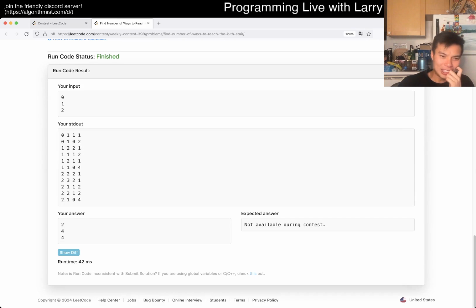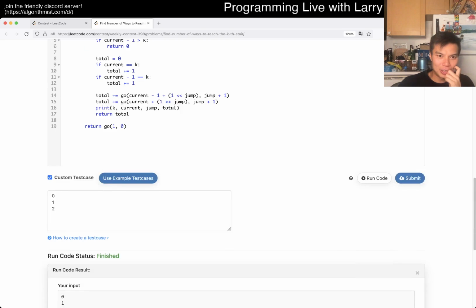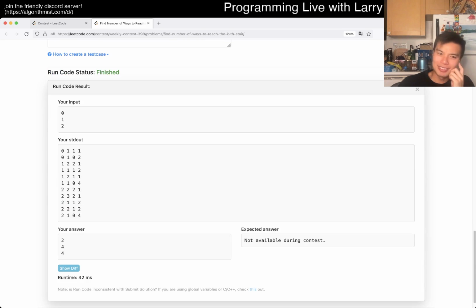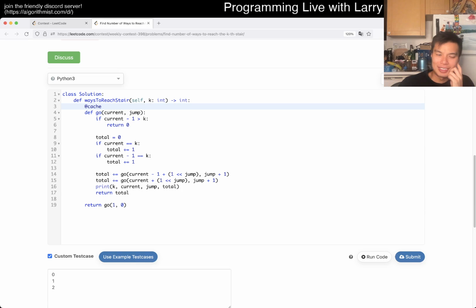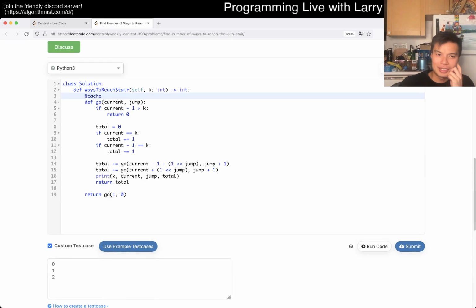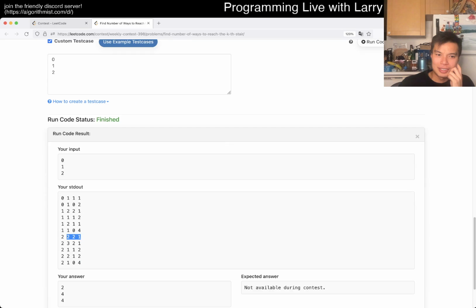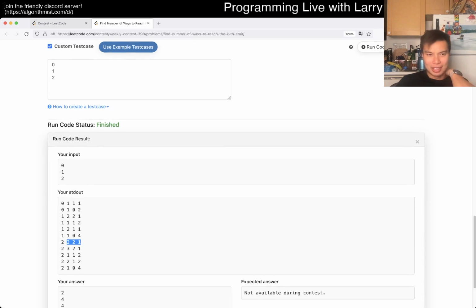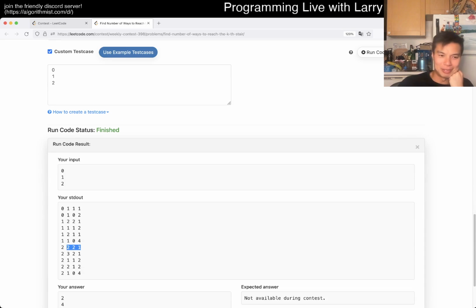Is 2, the answer to 2, 4? Why? So 2 with 2 jumps is 1? How? Well, because you're already at 2. Okay, fine. That's actually obvious.